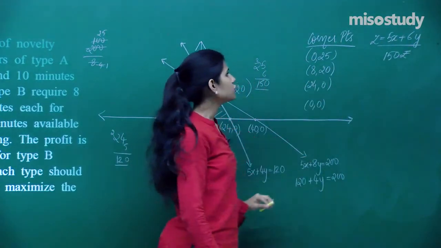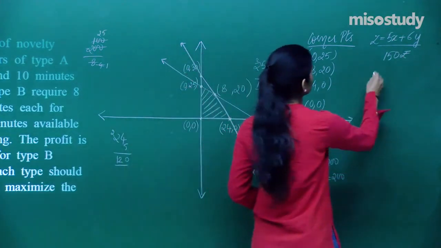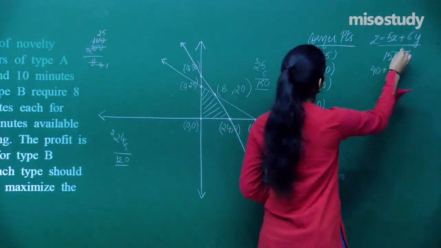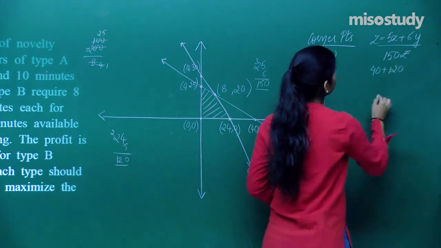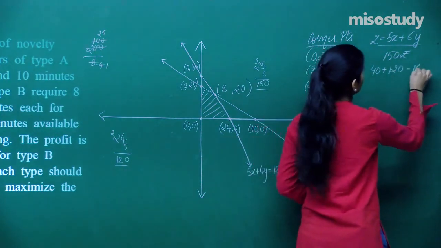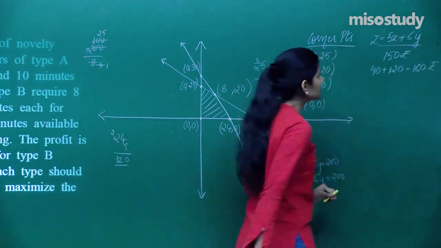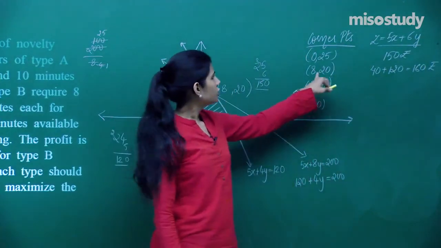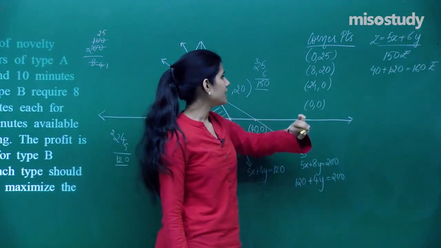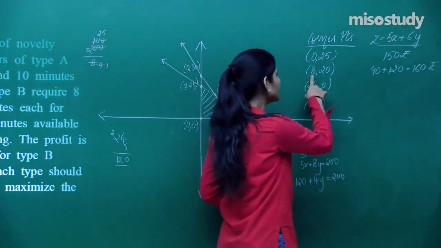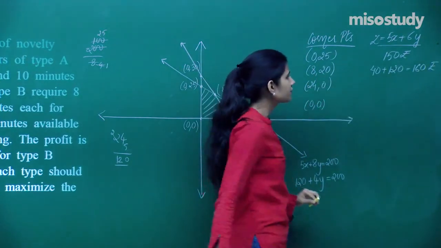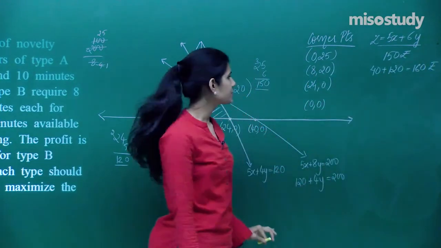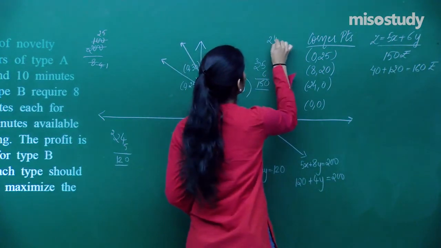If you manufacture 8 souvenirs of type A, 5 into 8 is 40, plus 20 into 6 is 120, this is 160. If you manufacture 8 souvenirs of type A and 20 souvenirs of type B, you will be earning 160 rupees profit. What is 24 into 5?